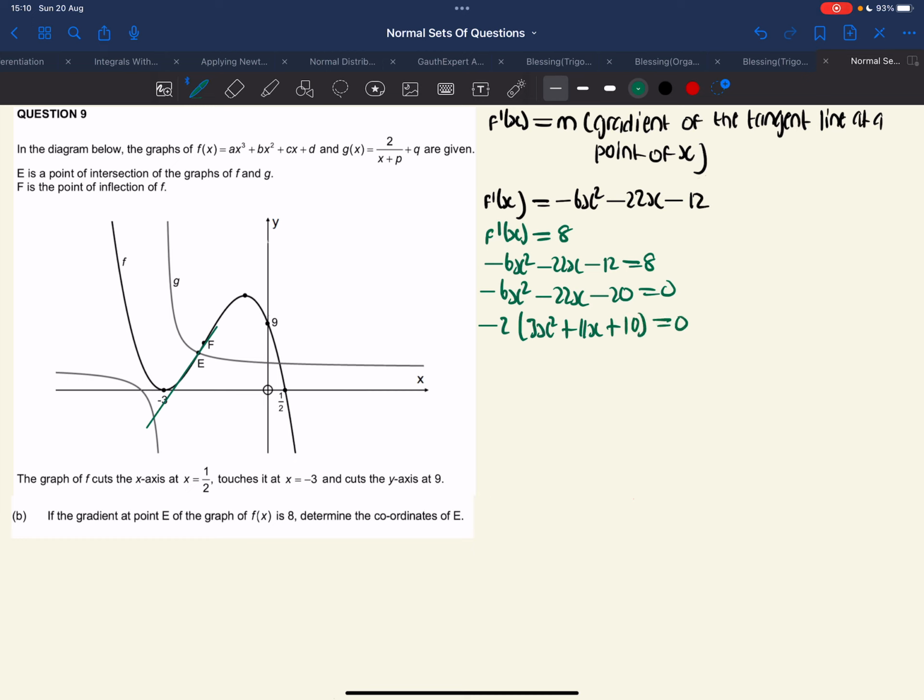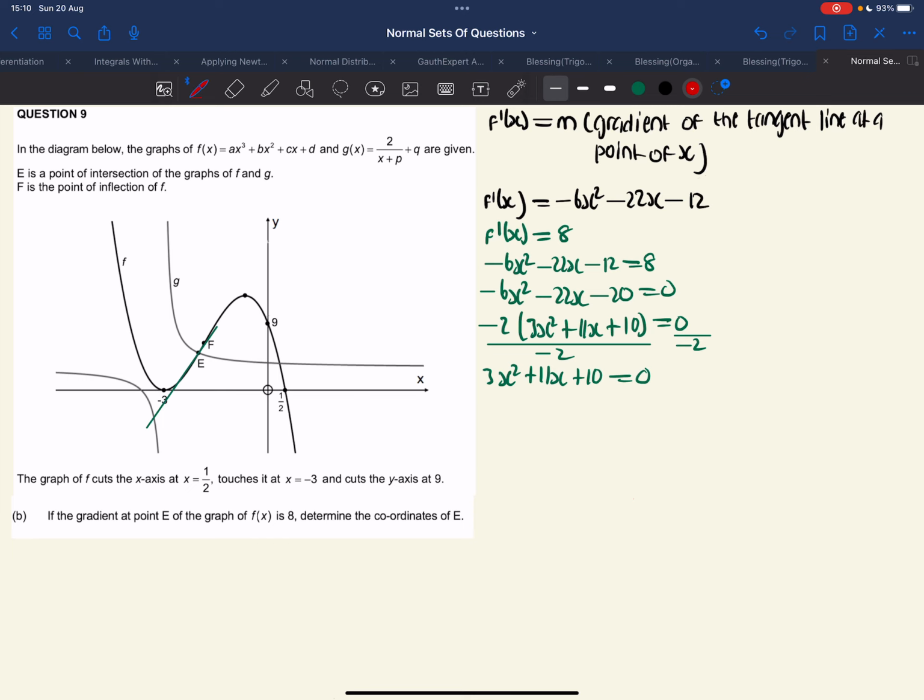And then after doing that, we can divide both sides by that minus 2. Then we should be left with 3x squared plus 11x plus 10 equals 0. Now we can try to factorize that using this method here.